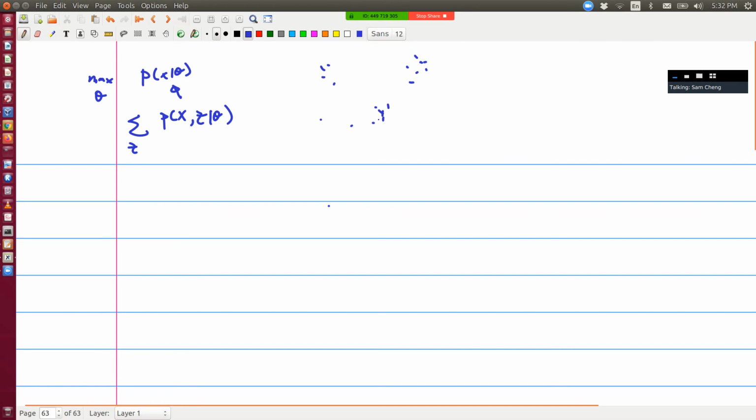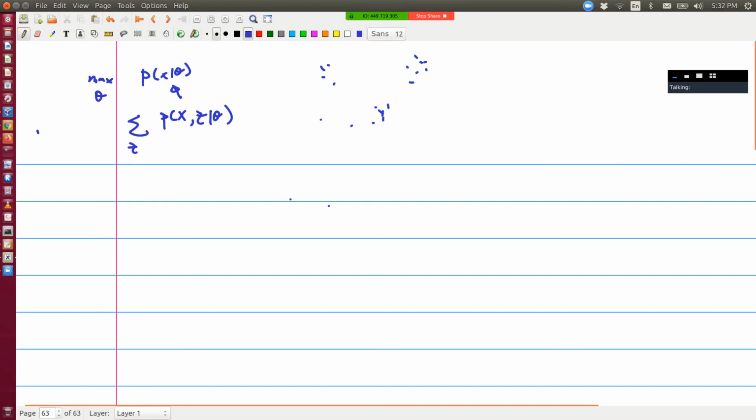We can write this down, but it's very hard to optimize directly. So therefore we introduce some helper variables C here. In our case, C is the membership for the mixture of Gaussian, but for some other problems, it can be something else.